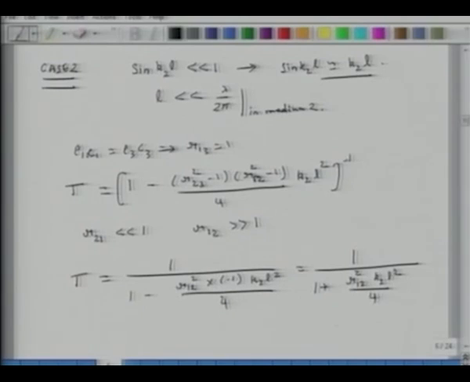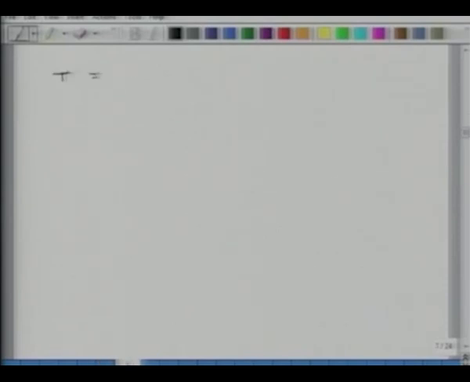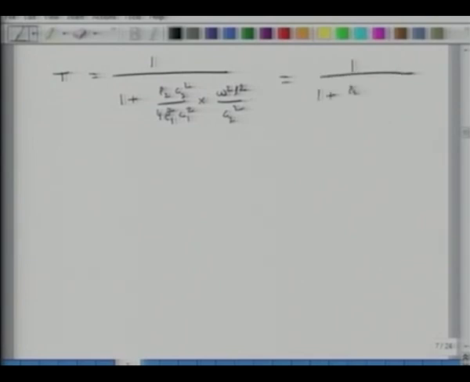So now if I put K2 as omega over C2, then what I get is T equals 1 over 1 plus rho 2 C2 square over 4 rho 1 C1 square times omega square L square over C2 square, and upon simplification I get 1 plus (rho 2 L omega over 2 rho 1 C1) everything squared.